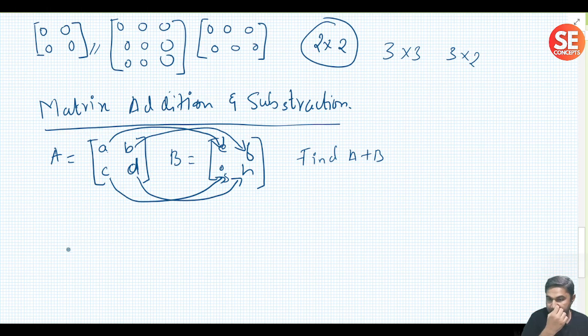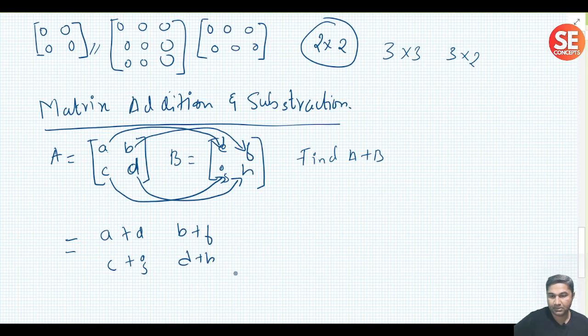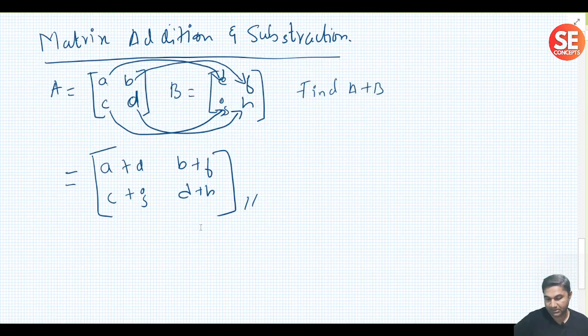So what will be the answer? A plus E, B plus F, C plus G, D plus H. This is your answer, since A, B, C don't have any numbers.